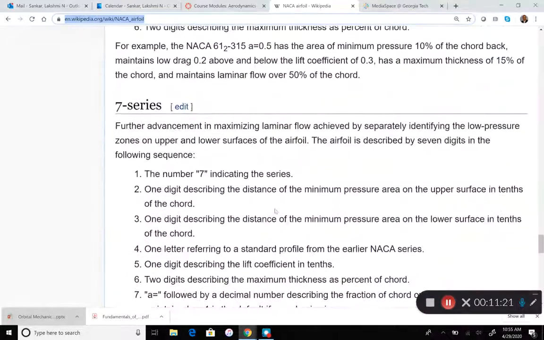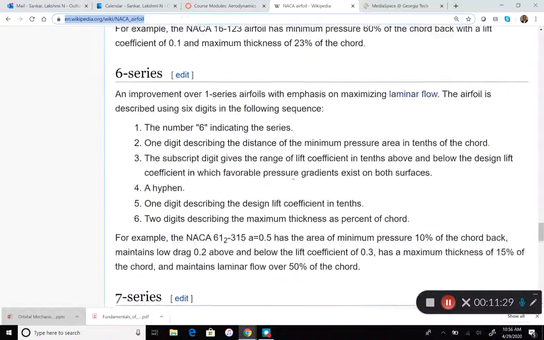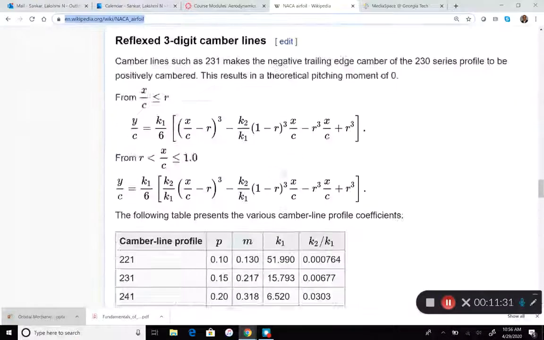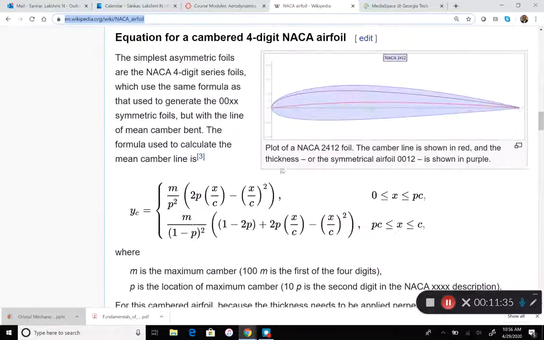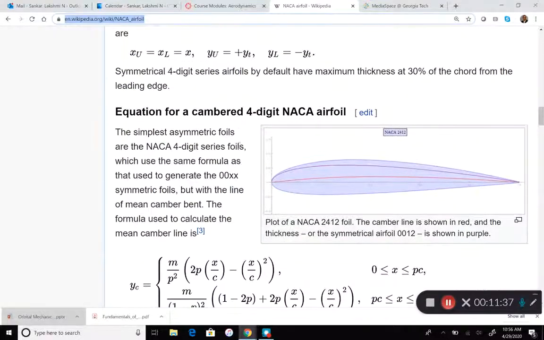So this is a very short exposure to airfoil families and airfoil series. In our Xfoil project, we are going to primarily be looking at 4-digit series airfoils, but you could also do similar analysis of any of these families of airfoils. So that should be one of the projects that you'll be working on. That project is worth 10% credit. Therefore, the next video will cover how to work on the Xfoil project.